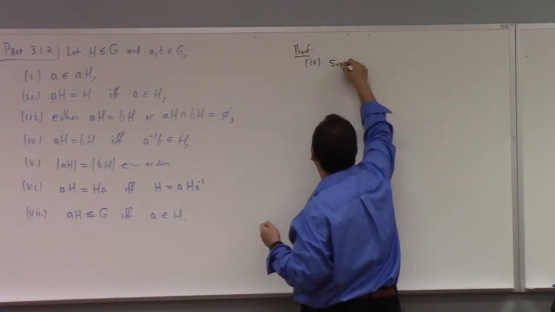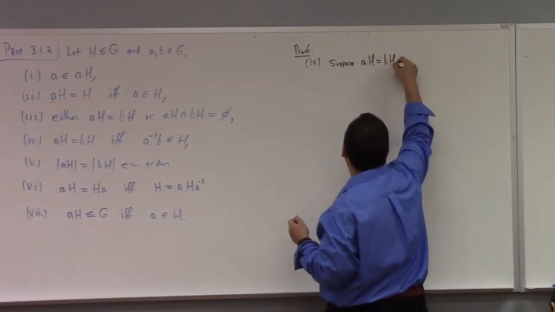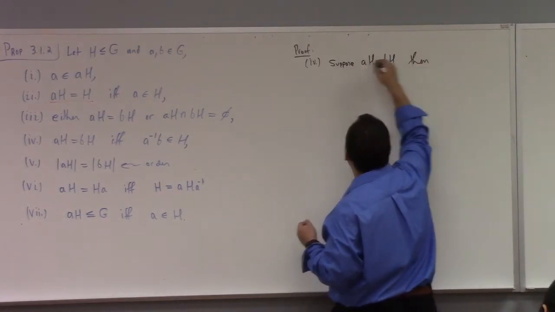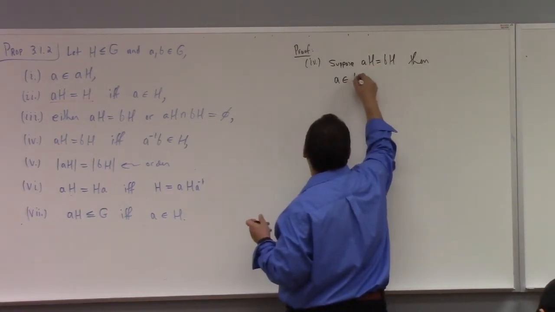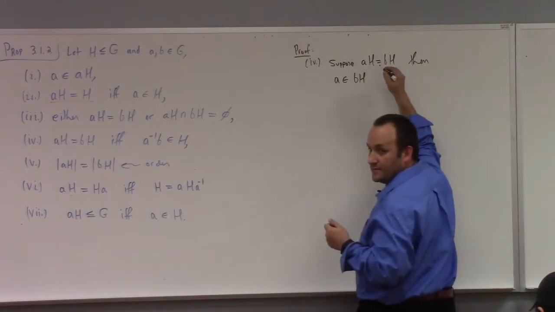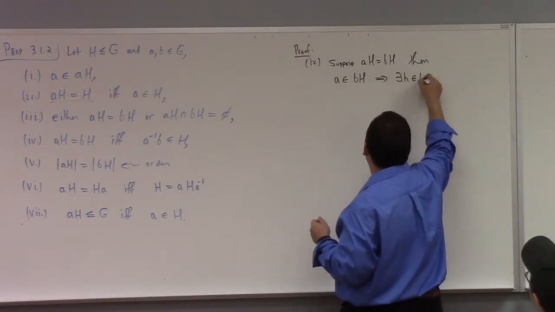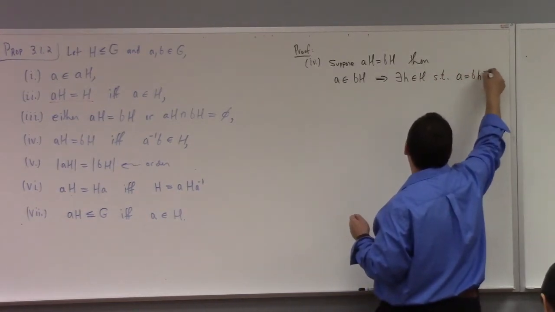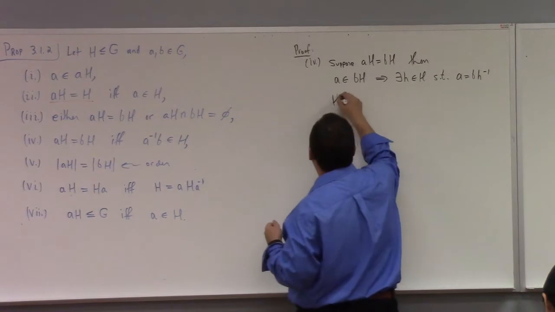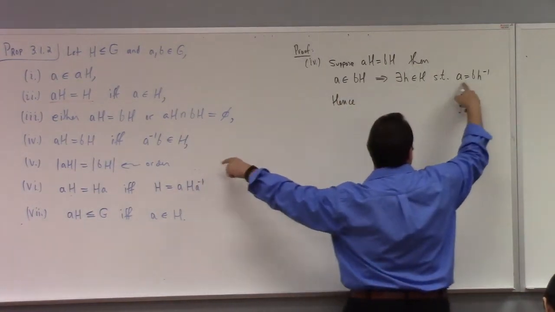Suppose AH equals BH, right? Then A is an element of BH, right? Which then says there exists H in H such that A is equal to B H inverse. Hence, what am I trying to find? A inverse B. So solve that.